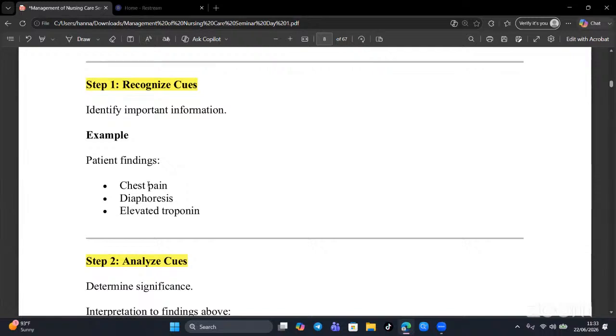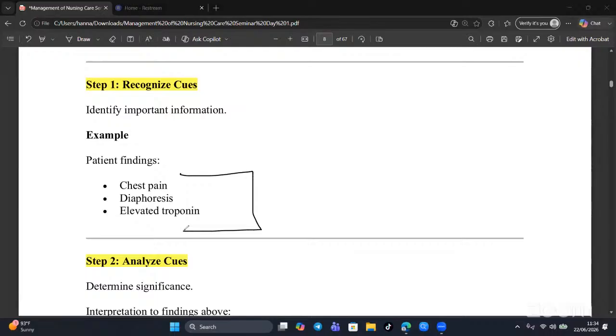Okay. So the patient has been complaining of chest pain, diaphoresis. Then you did your labs and you saw what? Elevated troponin. Okay. So with this, you now say that, okay, this patient, I'm trying to recognize a trend.